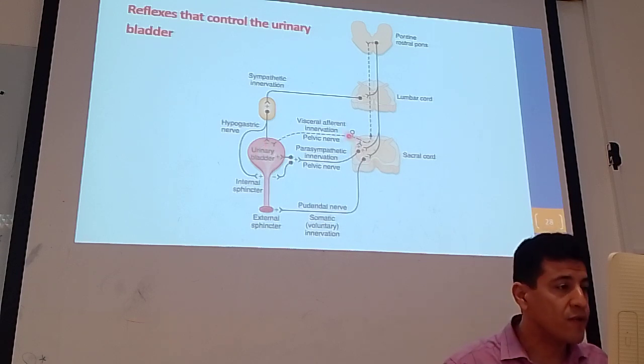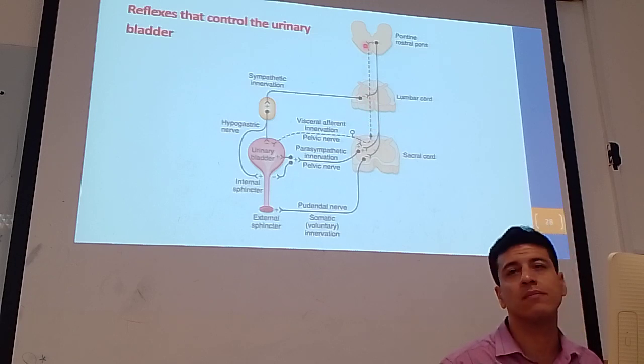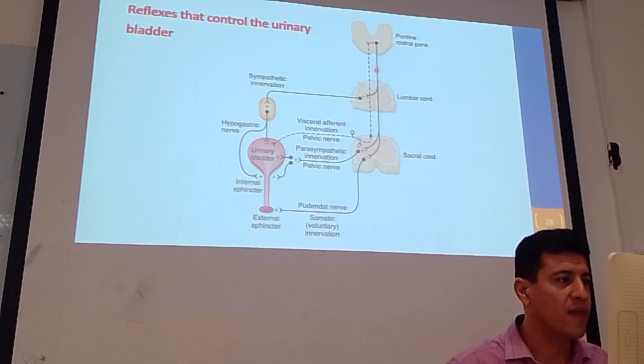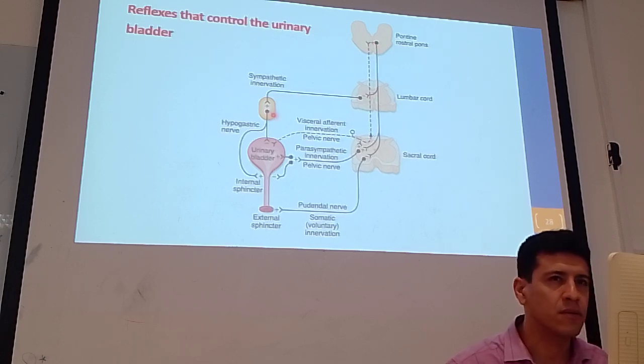But some other information goes upward in the spinal cord to the pons. They end here in the pons, and they make synapses with other descending neurons. These descending neurons come to the lumbar segment and sacral segment, right? So they can inhibit the sympathetic innervation.